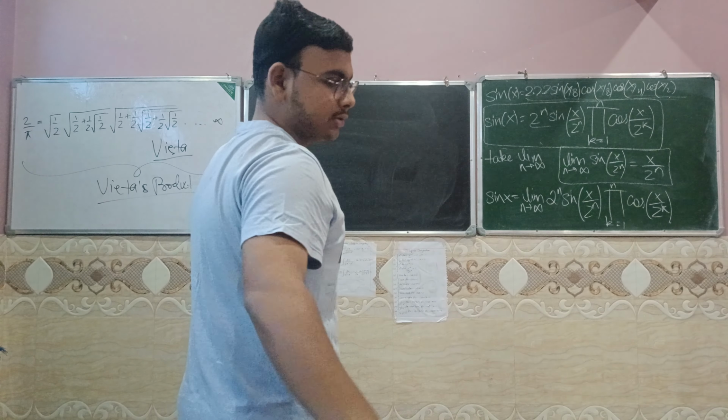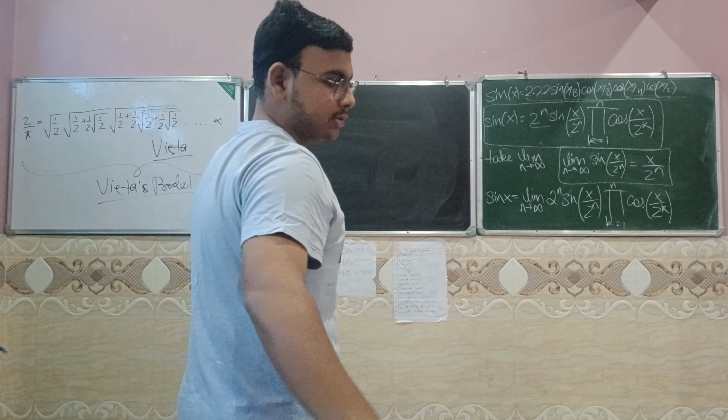To neutralize that, we have 2 to the n in division, so we cancel this 2 to the n with this one. We are left with sine of x equals x times the product, k equals 1 to infinity, of cosine of x over 2 to the k.